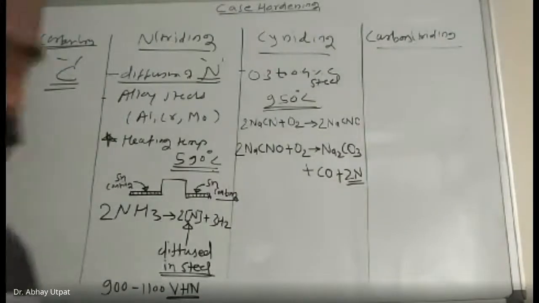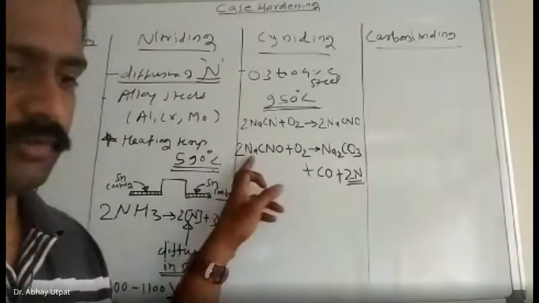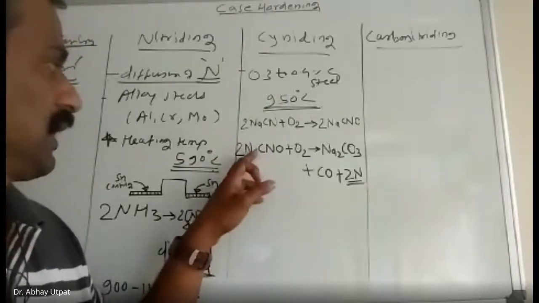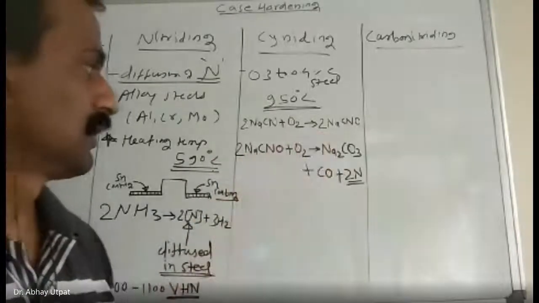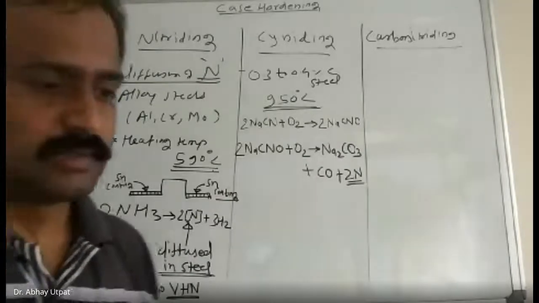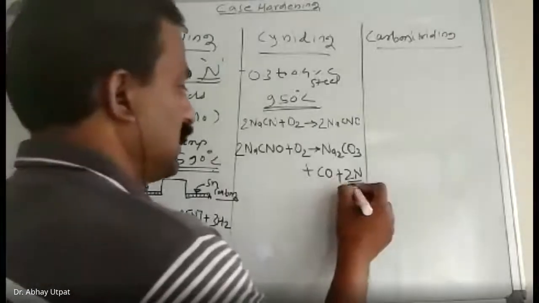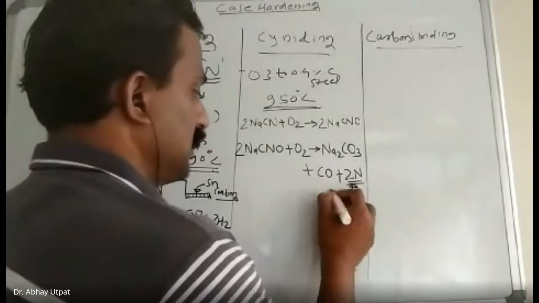Write down this reaction: 2NaCNO gives Na2CO3 plus CO plus 2N. And this 2N is diffused into steel.